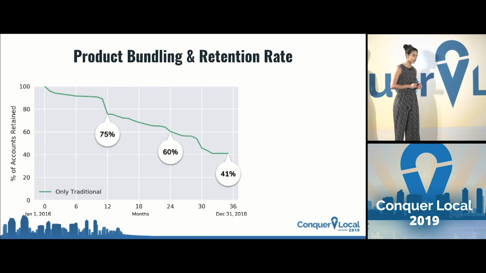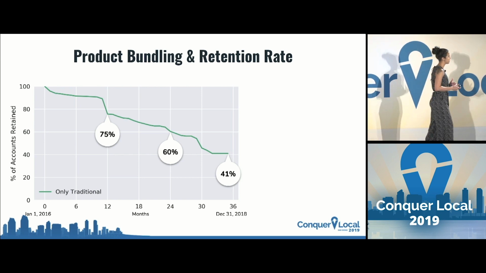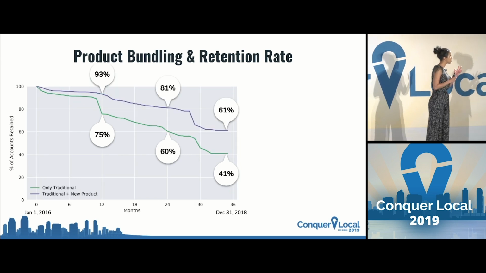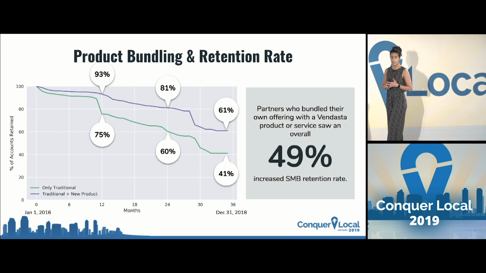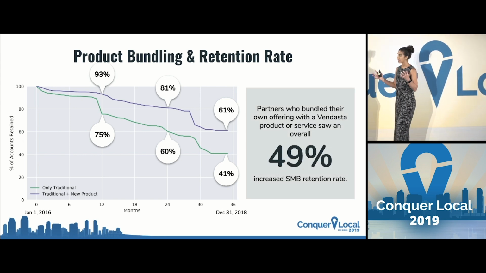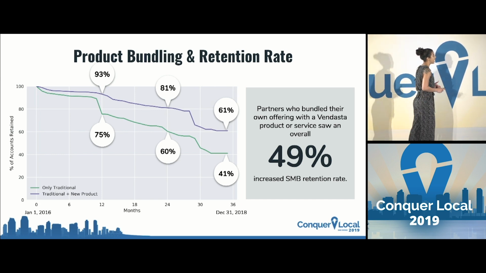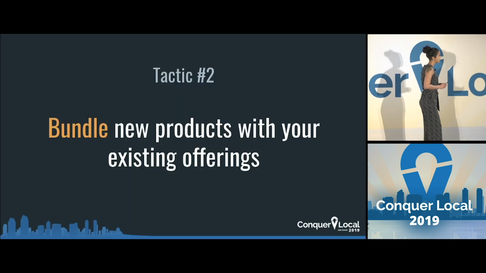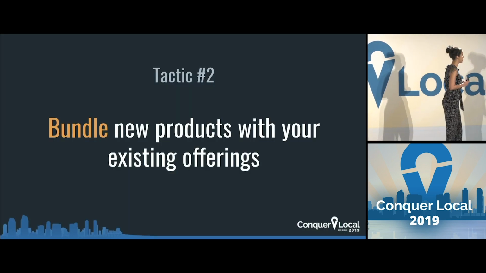Again, in our study, we looked at agencies that only sold traditional products and agencies that sold the traditional product and bundled that with a new product. And we saw that partners who'd bundled their own offering with the Vendasta offering saw an increase in retention rate of about 49%. So, tactic number 2, bundle new products with your existing offerings.